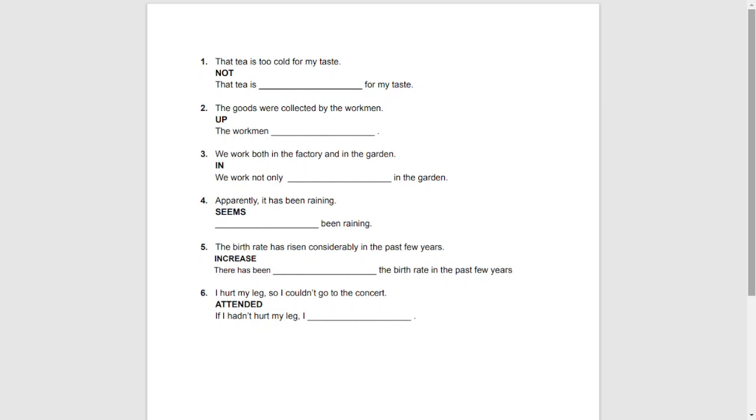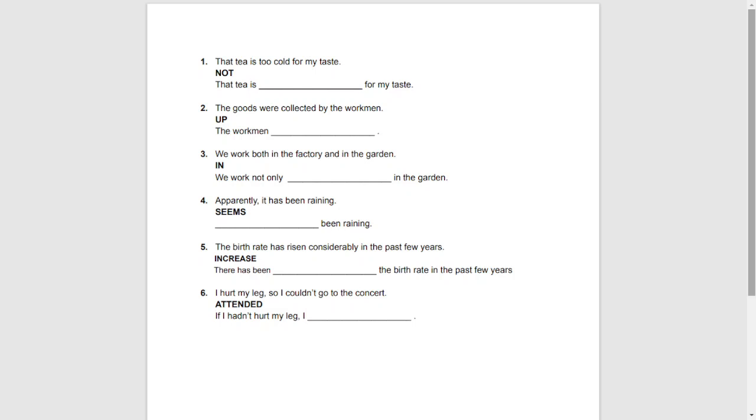Okay, in this exercise, we have to use a minimum of 2 words and a maximum of 5. 2. The goods were collected by the workman. The workman. So the first one, we have a passive. We have the agent in the original one.